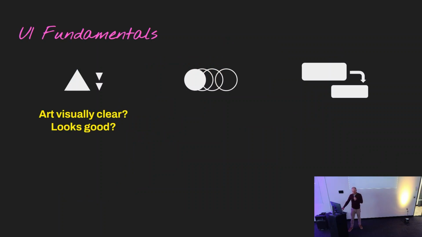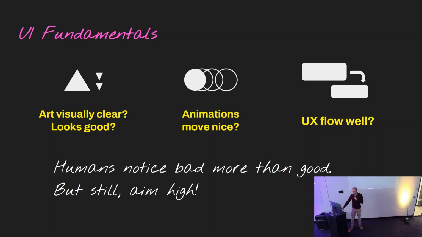To go through each of these, honestly, fundamentals could have been a whole talk by itself. There's so much to talk about there, but at a very, very base level: is the art visually clear? Does it look good? Do the animations move nicely? And does the UX flow well? Is everything where it's expected to be, or does it make sense logically?